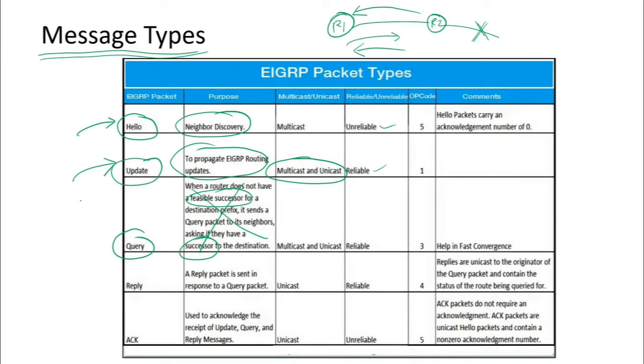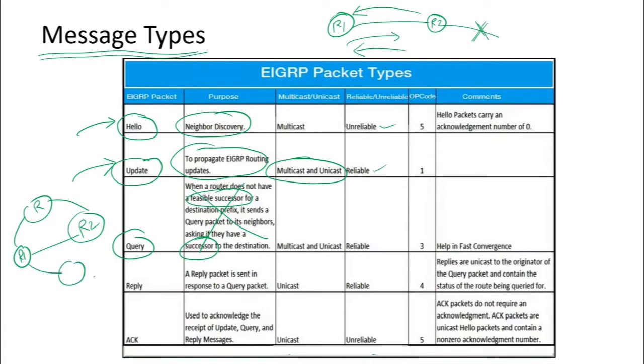But meanwhile, let's try to understand it like this. Let's suppose you have two routers, R1 and R2, connected like that, and also connected like that.